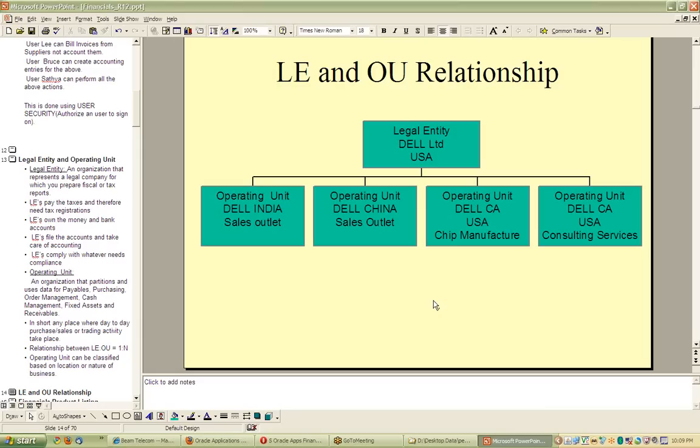So based on geography, the India and China outlets can be classified as operating units, and based on the nature of business, the chip manufacturing unit and the consultancy service can be classified as operating units. So it's all up to the legal entity's convenience to classify operating units. Okay?